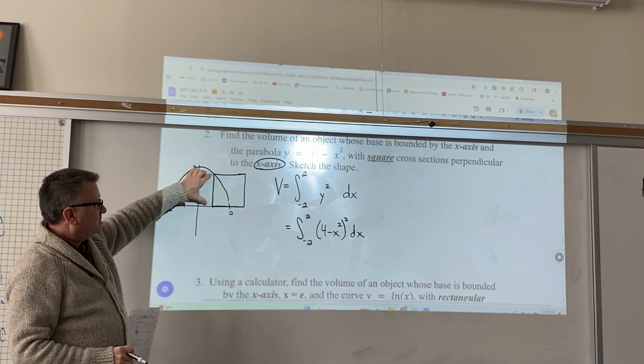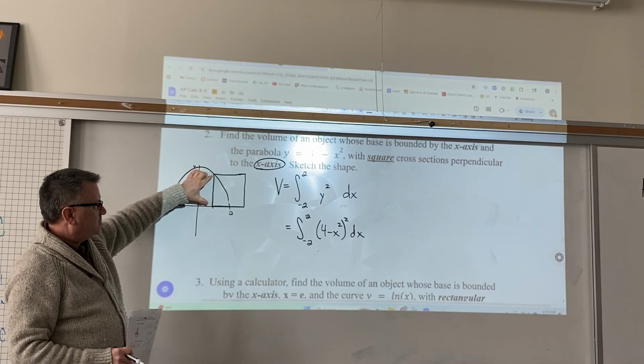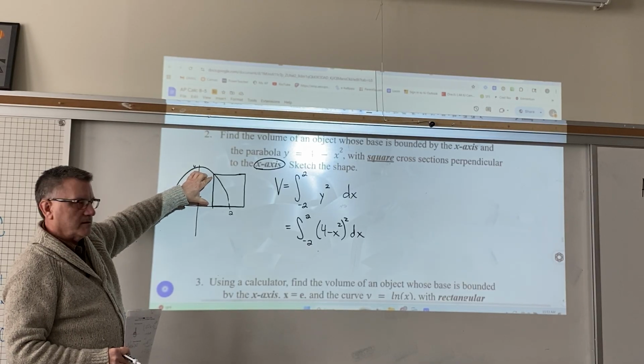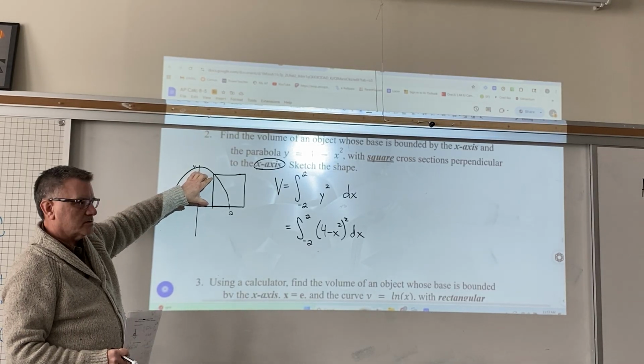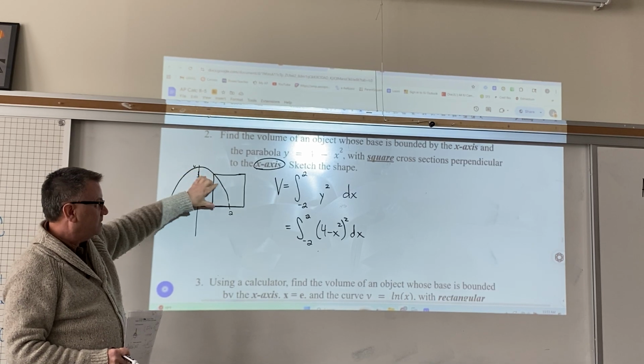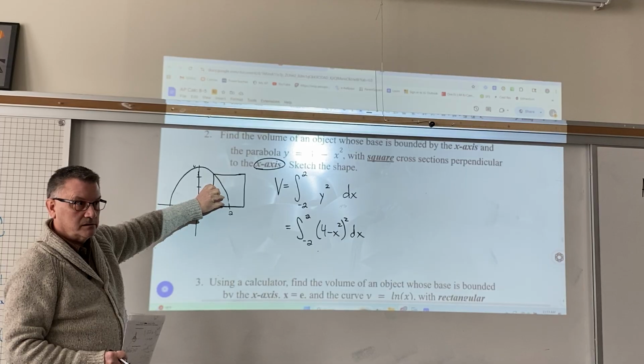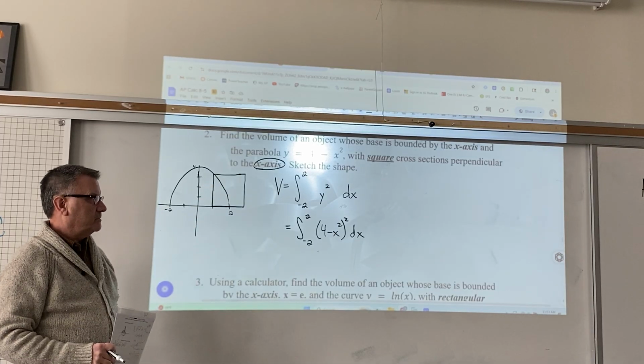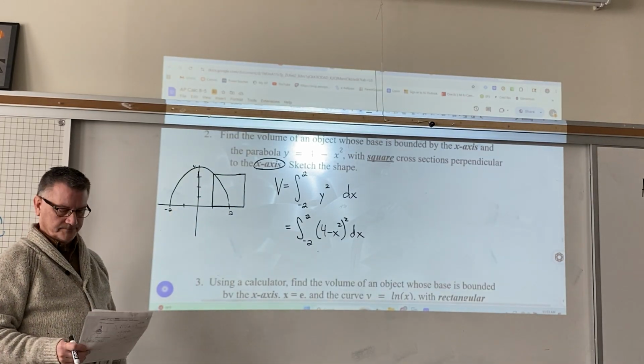So each side is going up to this curve, and that curve is 4 minus x squared. 4 minus x squared will be bigger here than it is here. And I'm going to add all of those together.